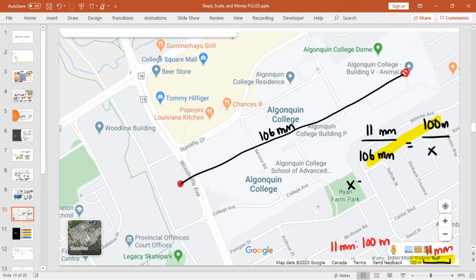X is going to be equal to 100 times 106 divided by 11. And when I do that math, I get about 964 meters, which sounds about right and is insane. I'm walking almost a kilometer to get from my parking spot to my classroom.